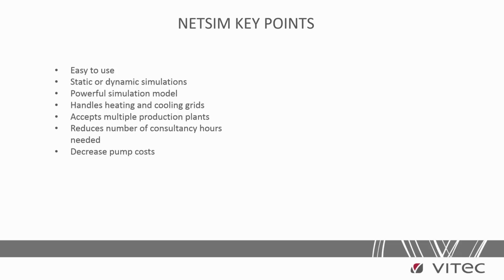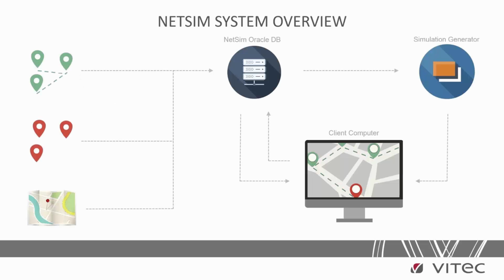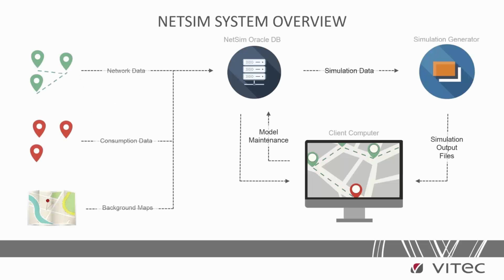It handles both heating and cooling grids, so if you have one or the other or both, that's not a problem for the system. It accepts multiple production plants also, and if you use a system like NetSim right, it will reduce the number of consultancy hours that you need in order to keep your grid optimized, and it will also decrease pump costs.